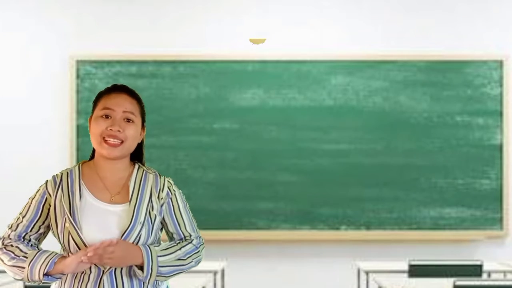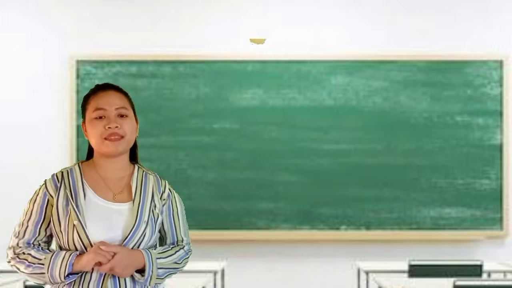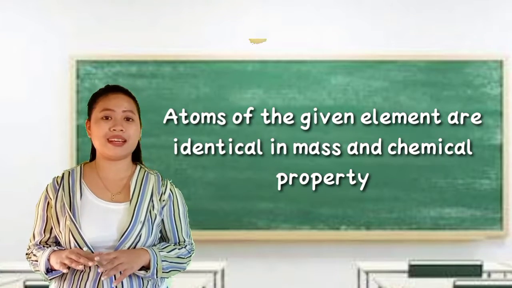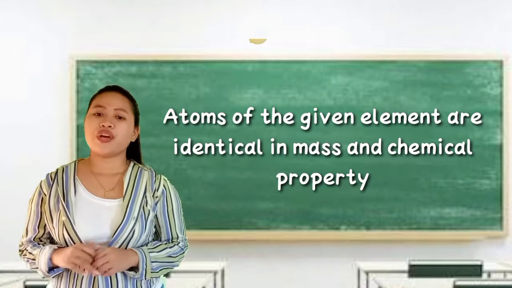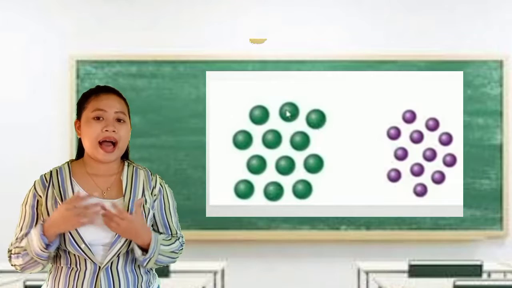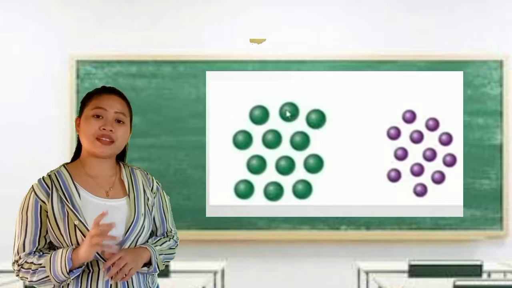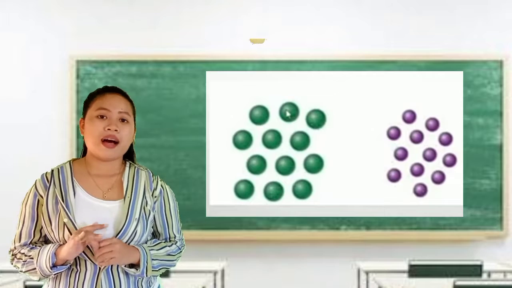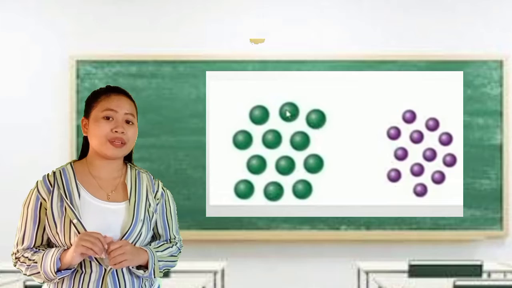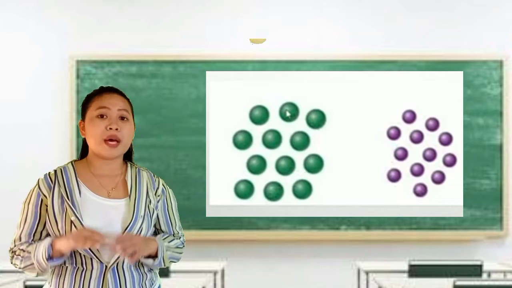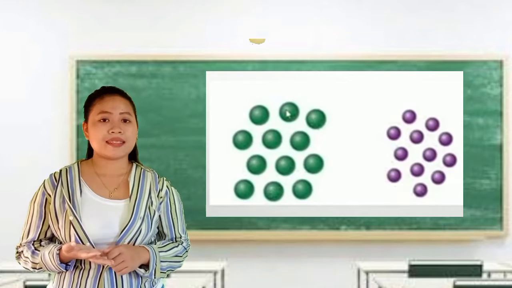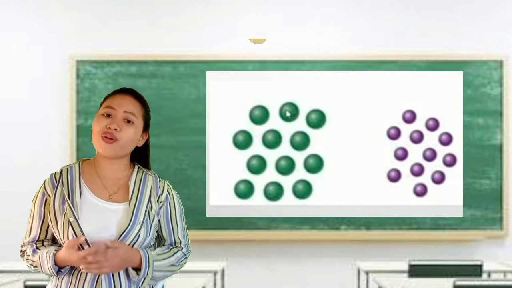Third postulate of Dalton's atomic theory: atoms of a given element are identical in mass and chemical properties. As you can see in this picture, these are green atoms. All atoms of the same element are identical in mass and chemical properties also.